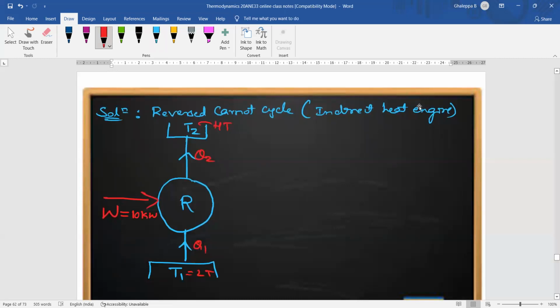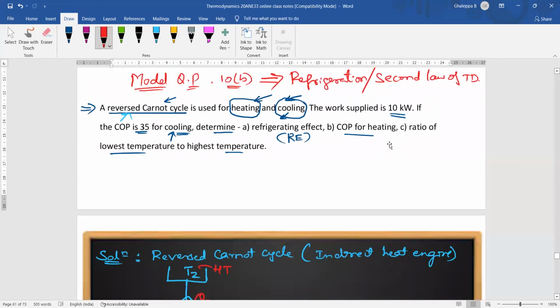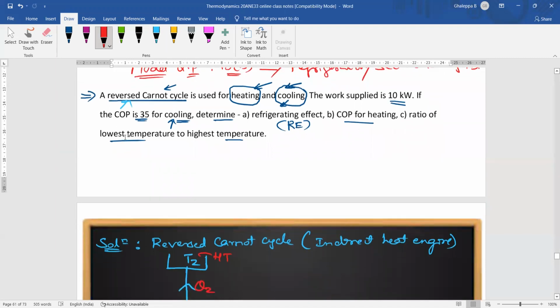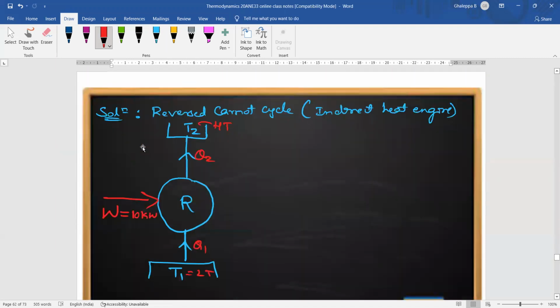Next, is there any data given other than this? Yes, COP of this engine is 3.5. Why has he given COP? Because it is a reversed Carnot cycle. If it is a direct heat engine, efficiency will come into the picture. But here it is a reverse, so COP is equal to 3.5.